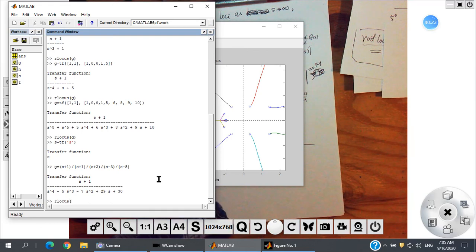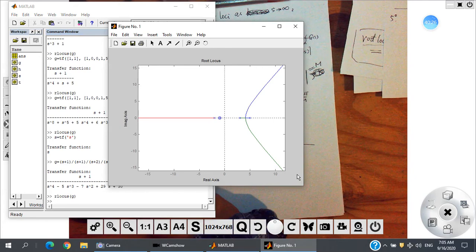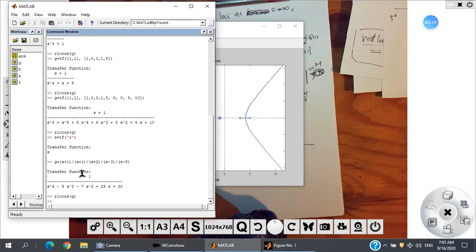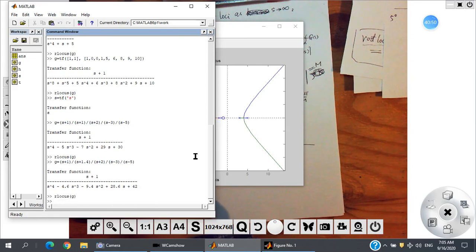The root locus of g looks like this. We have 1, 2, 3, 4. Oh, one of them cancels, I have s plus 1 twice. That makes a change, it's not so good. I use this 1.4, then they are different, and the root locus of g should be a similar thing.